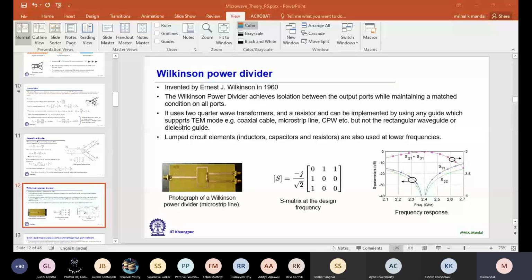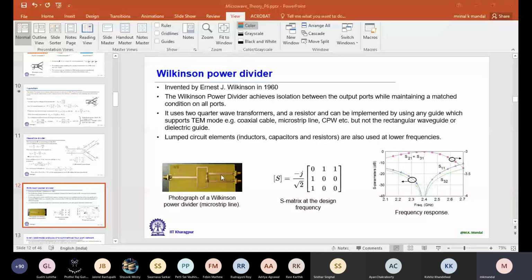Well, I'm coming to the analysis later. Let me first describe its basic properties. So if you look here, the left-hand side is the input feed port, and on the right-hand side, these two are the output ports. Now, for a conventional design, input power is equally divided into two parts.